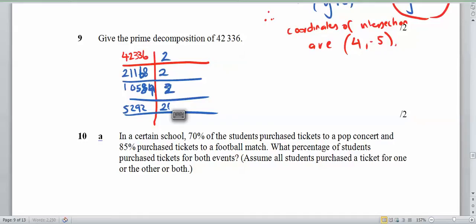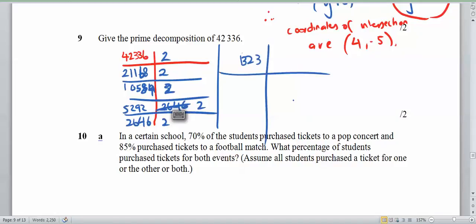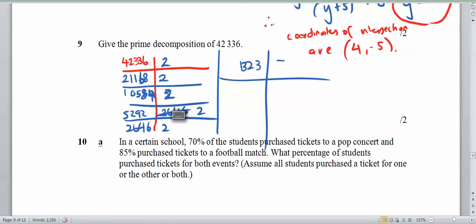2646. Divide that by 2 again, gives us 1323. We can't divide that by 2, so we can divide that by 3.